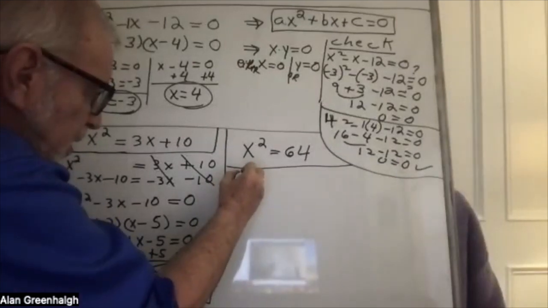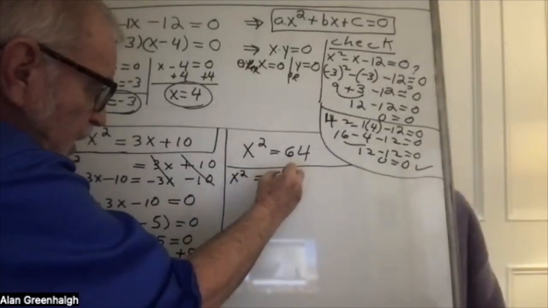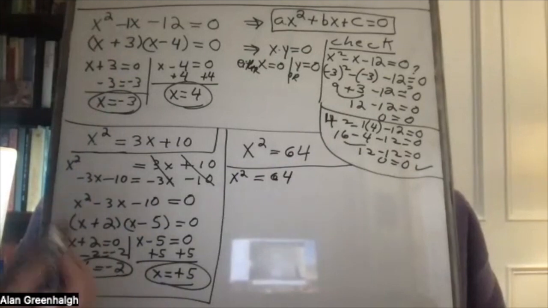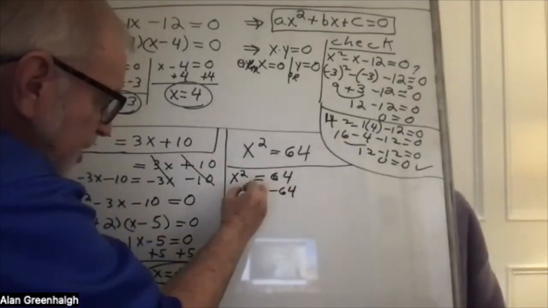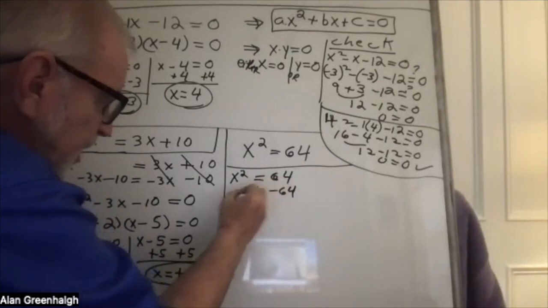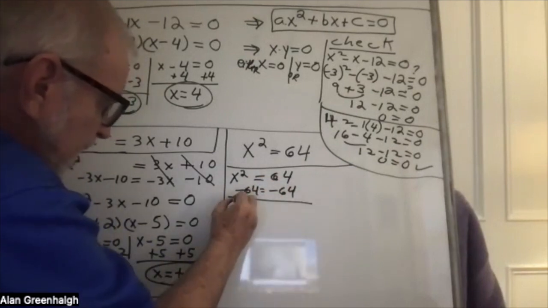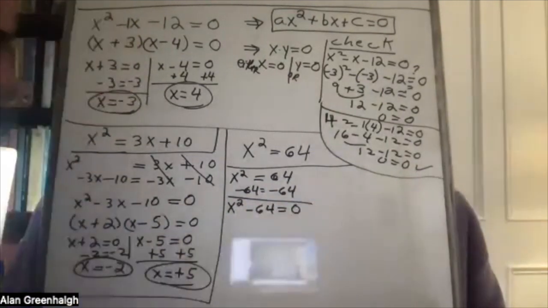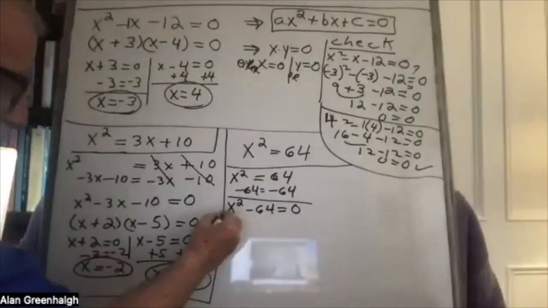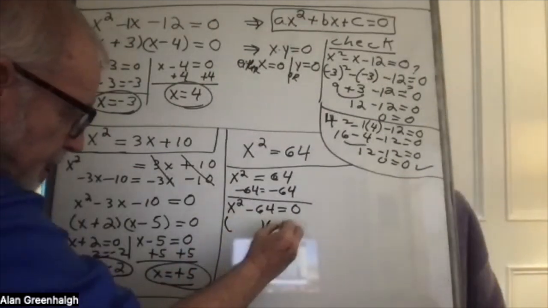So x squared is equal to 64. According to what we've been doing, the first step is to bring over the 64 to the left side of the equation. And we get x squared minus 64 equals 0. This is the difference of two perfect squares.